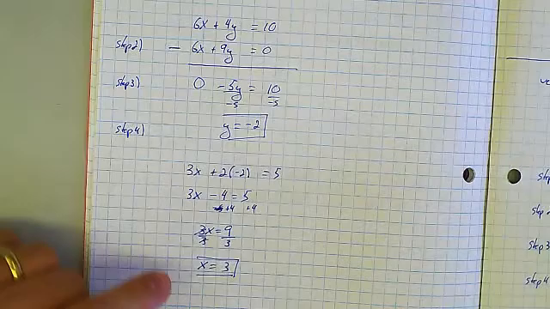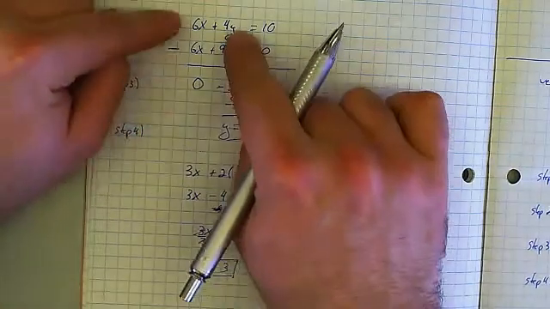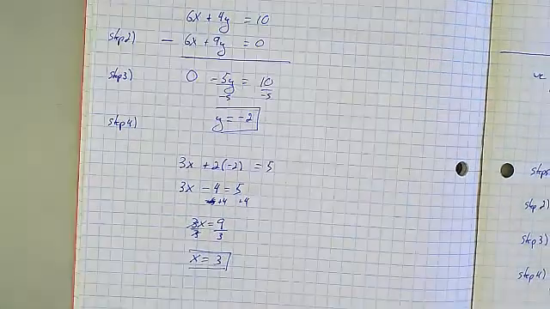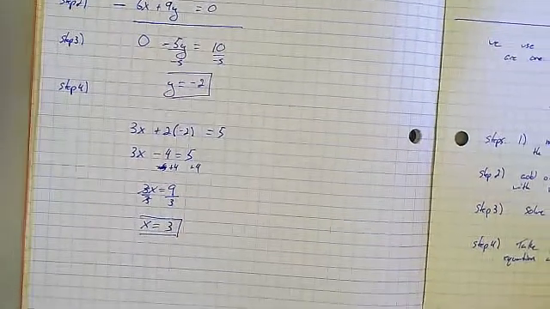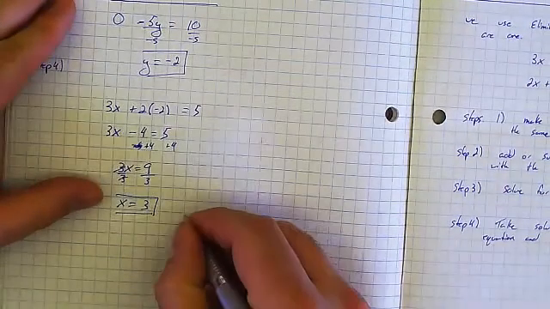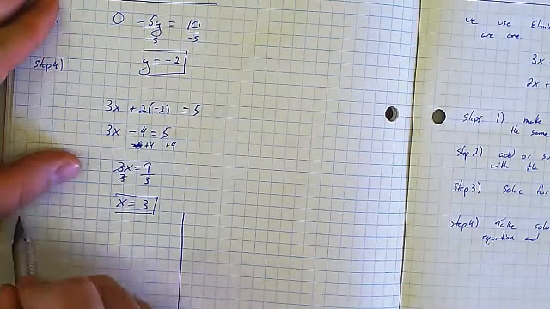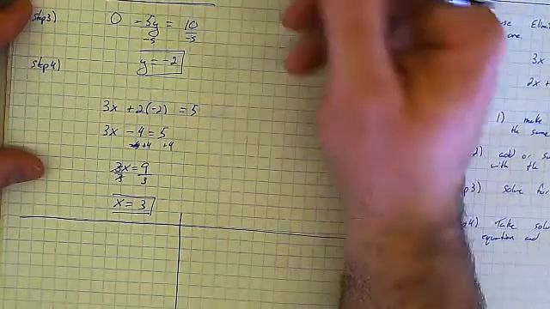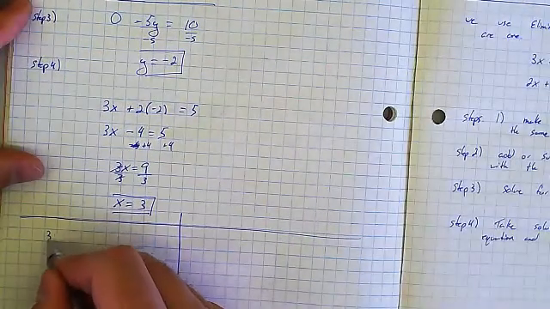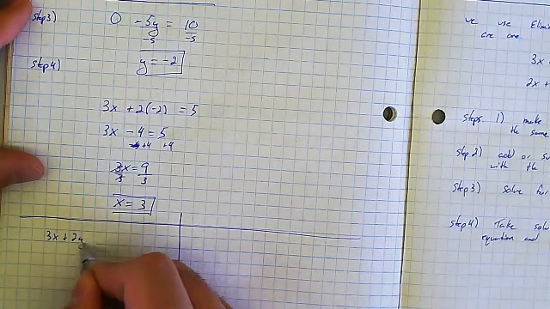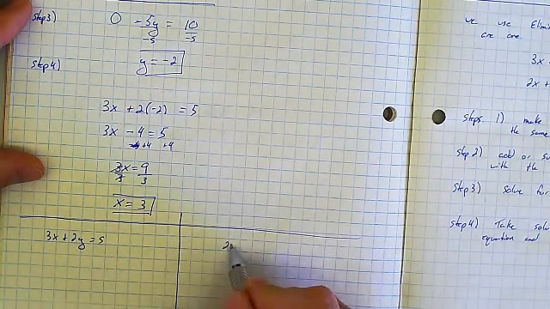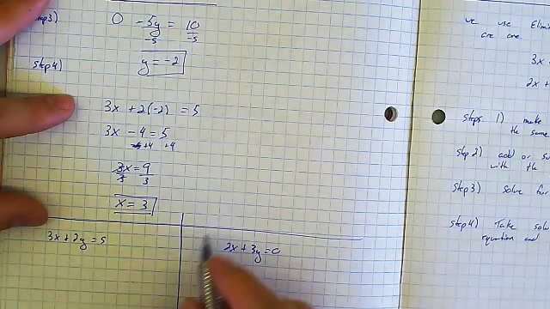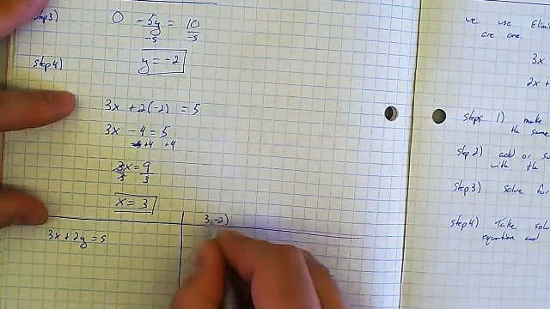Just like last time, we could take those two coordinates and plug them back in to check your answers, just like we did for substitution. It is always good to check your answers. Again, if you're going to check, it doesn't matter which equation you check it in. So if I go 3x plus 2y equals 5, and 2x plus 3y equals 0, the point is 3 and negative 2.